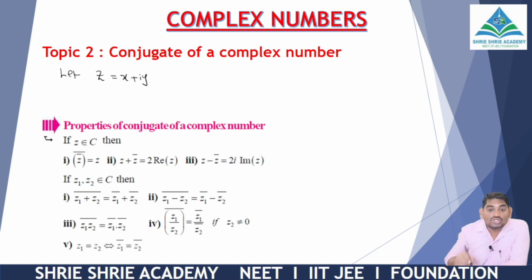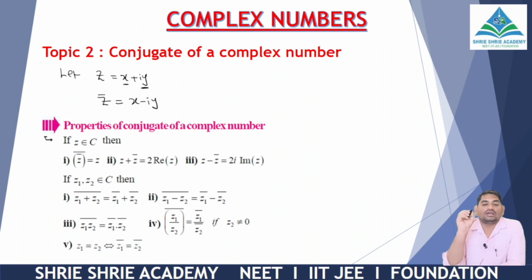Then its conjugate is represented as z bar, which is equal to x minus iota y. Where x is the real part of z and y is the imaginary part of z.